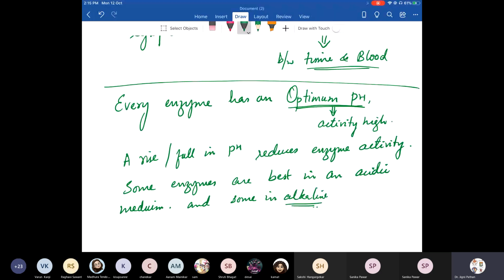Can you quickly quote me some examples that are best in acidic and best in alkaline? We have done the digestion and absorption chapter, so you know there are a few enzymes that are active at some point of the pH. Can you quickly quote me those examples?